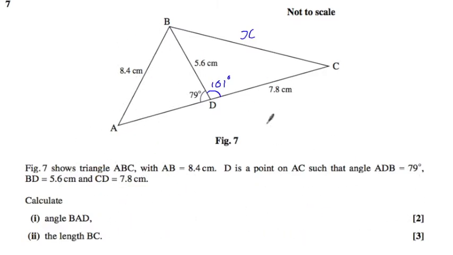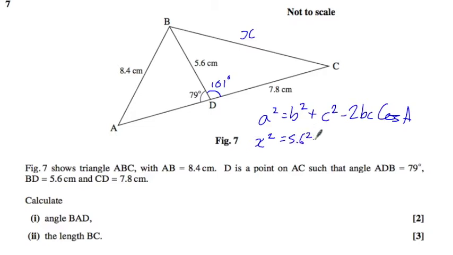So we're using the one where we're finding a side, which is a squared equals b squared plus c squared minus 2bc cos A. So in this case we've got x squared equals 5.6 squared plus 7.8 squared minus 2 times 7.8 times 5.6 times cos 101.